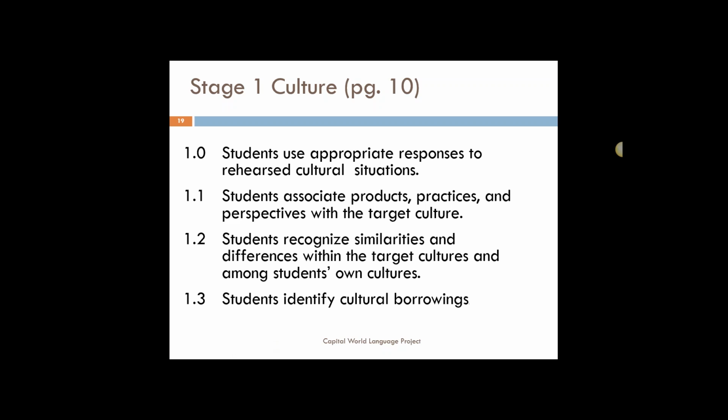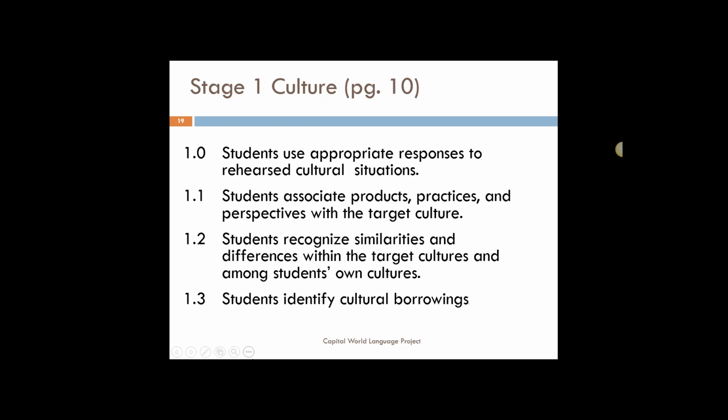A really good example is the fact that in California, at least, it's very common to have a piñata at a child's birthday party. And that's a borrowing that has happened over the years, bringing the piñata from Mexico, and now it's something that's kind of pervasive in California culture.